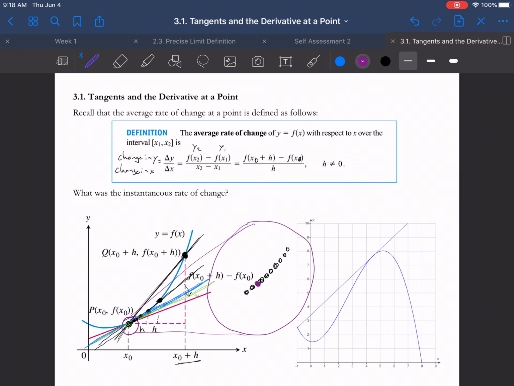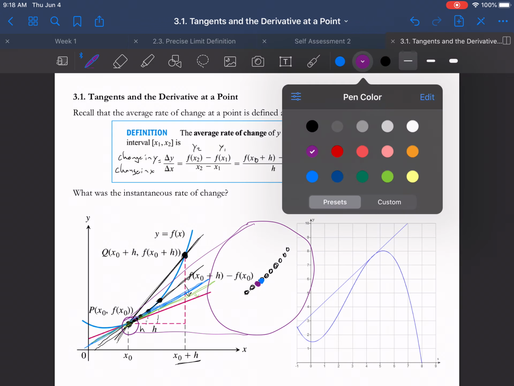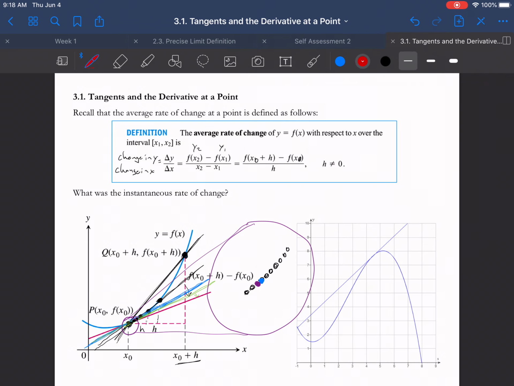This was our original point, and we've pushed h basically down to 0, where there's practically no distance between them, and we're drawing in a tangent line between those 2 points, and getting the slope between those 2 points.